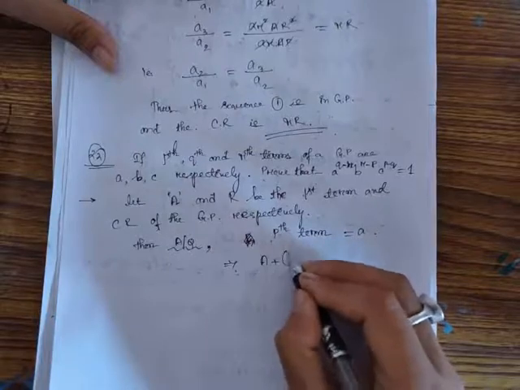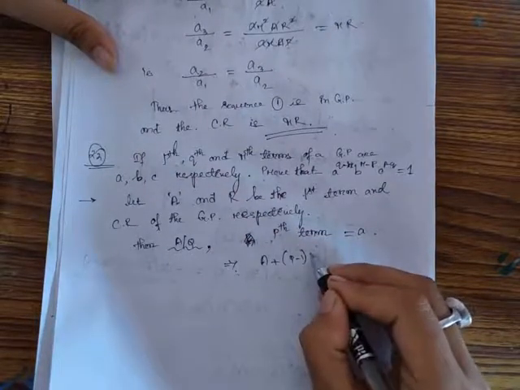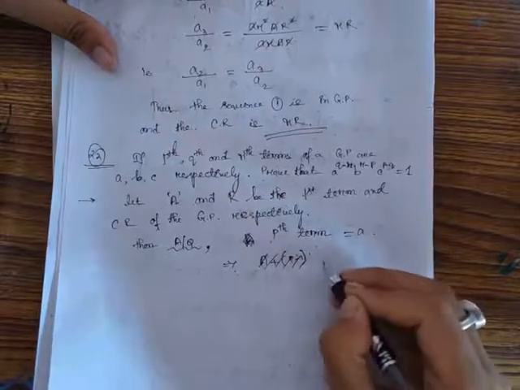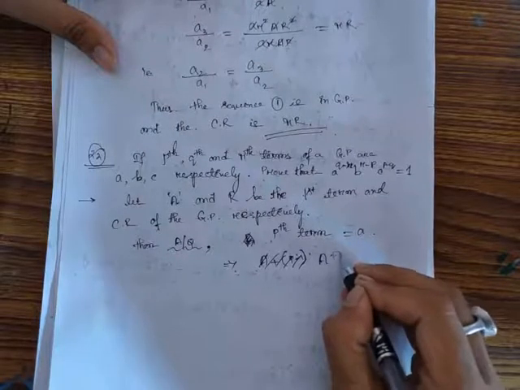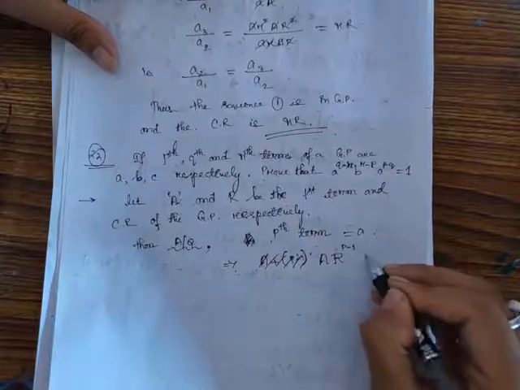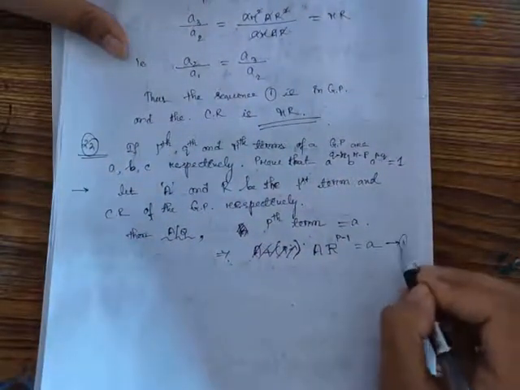First term plus n minus 1 into common ratio. Oh sorry, this is your GP's pth term only: A r to the power p minus 1 equal to a. Equation 1.